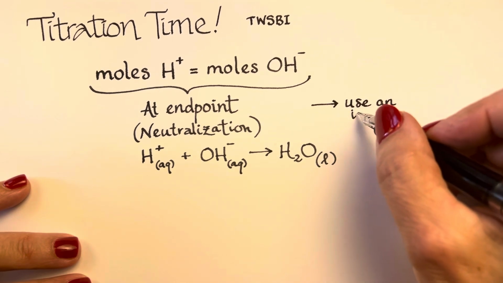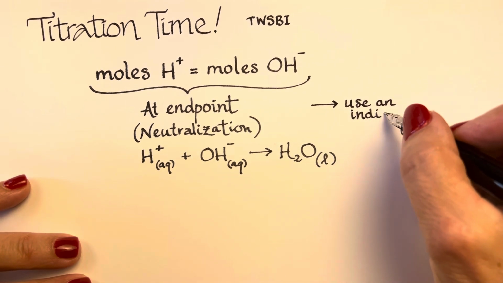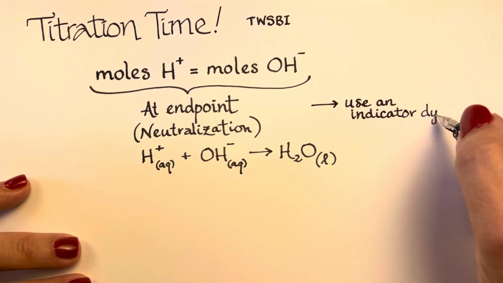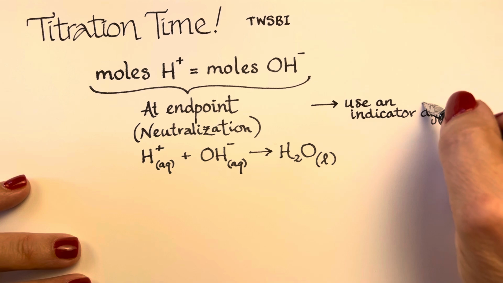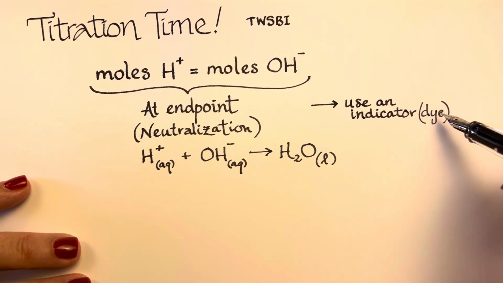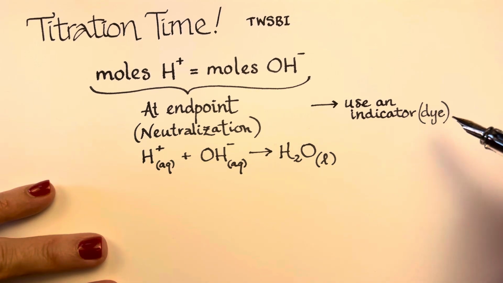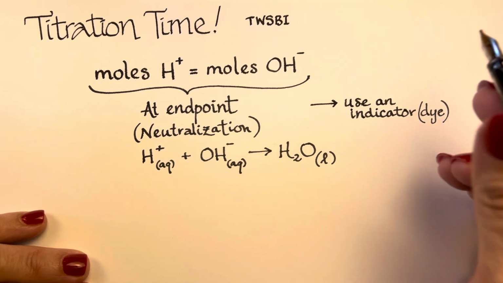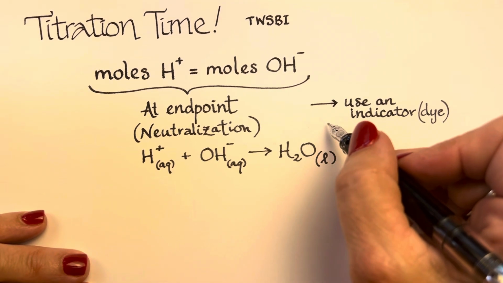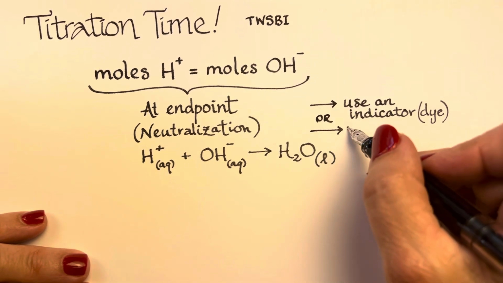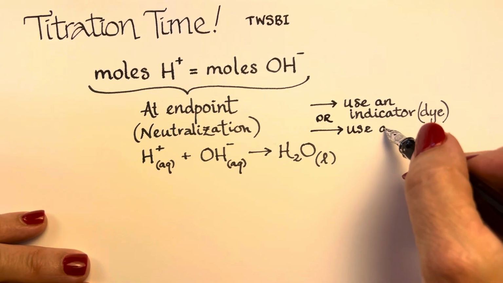And that is a dye. And what's interesting about indicators, you could call it an indicator dye, or say it's a dye. These dyes will change color based on the pH. So it makes sense that you could also use a pH meter.